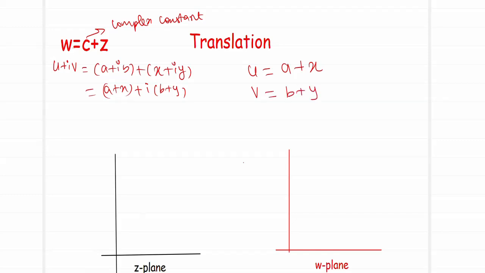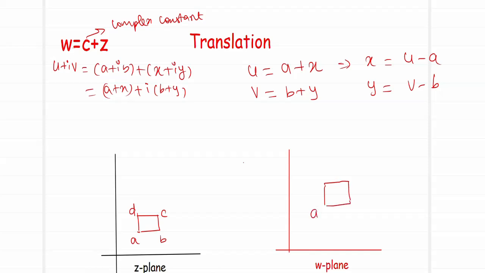Now, what does this transformation do? Suppose I have an object over here, a square, which is bounded by A, B, C, D. Now this A which is over here will now be moved, where I can give my X to be equal to U minus A and my Y to be equal to V minus B. So the new position of my A will now be at some other point which has been translated over here, and now this will be represented as A dash, B dash, C dash, D dash.